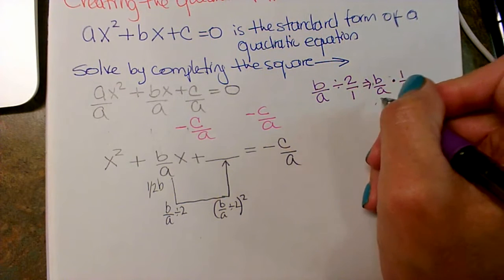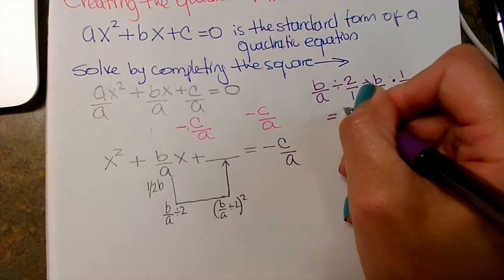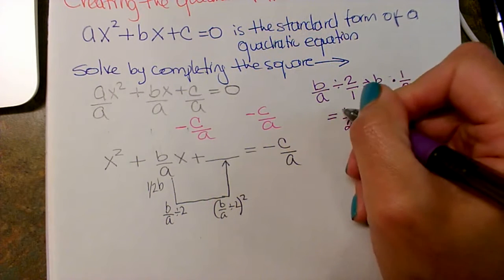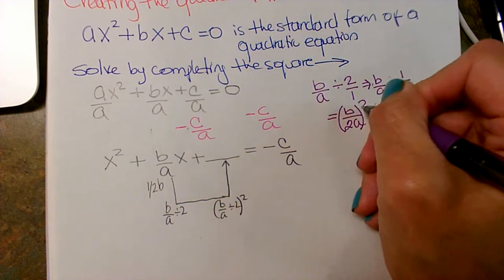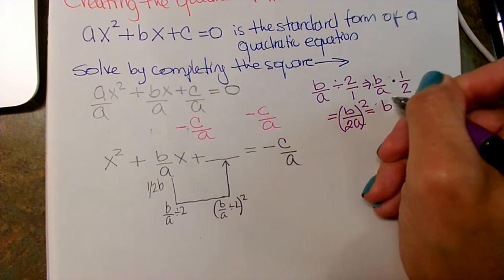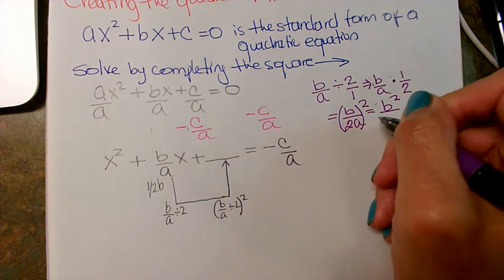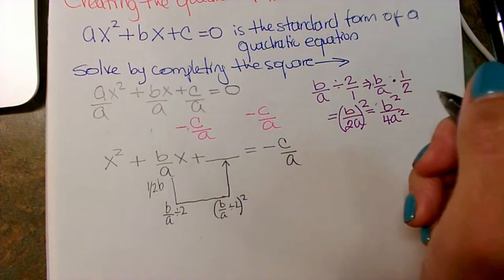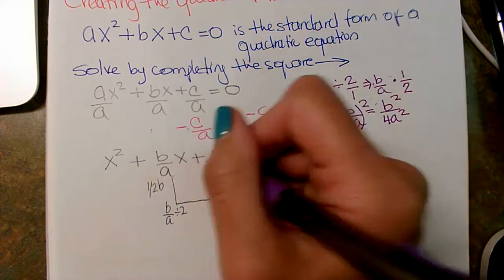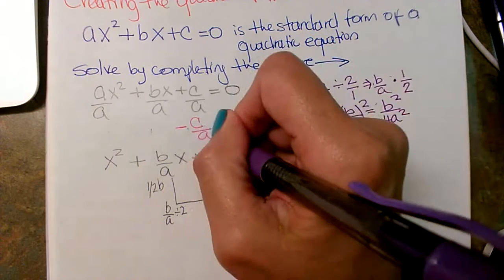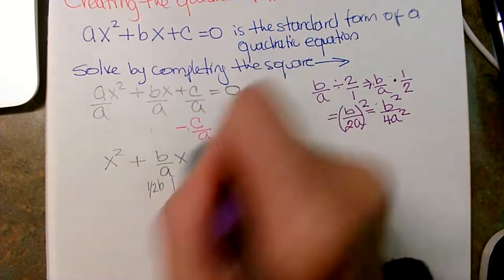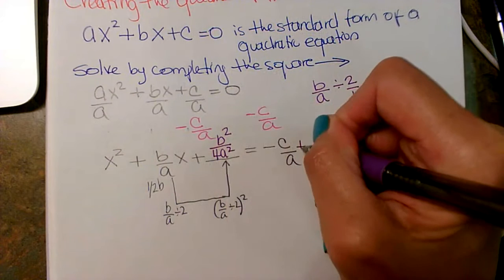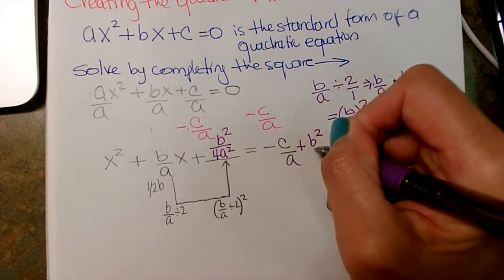So what do I have? b over 2a, right? Now this is squared. So it's going to be b squared over 2 times 2 is 4a squared. And that's the number that is going to go here. b squared divided by 4a squared. And I'm adding that number on both sides of the equation.